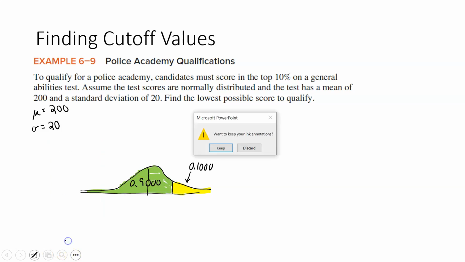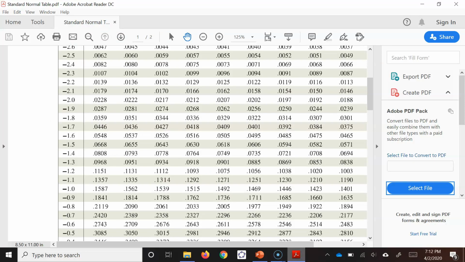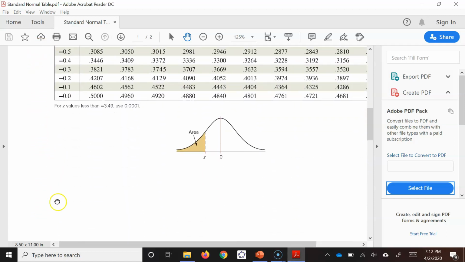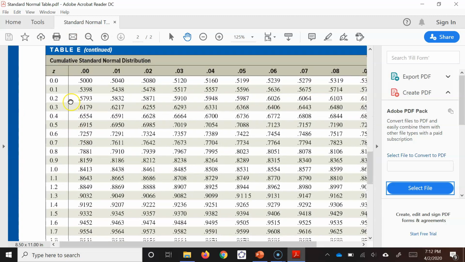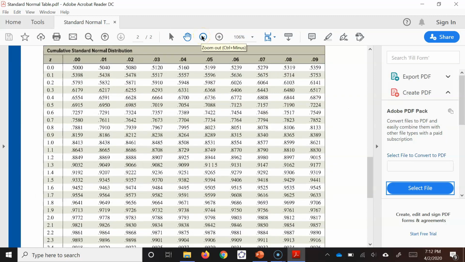So end the show, keep the annotations, come over into here. Well, I know it won't be a negative z-score because I know I'm above the mean. So let's take a look here. Let me get a little bit less zoom on this. There we go. So we're looking for 0.9000. So let's see here, 0.88, 0.9032.